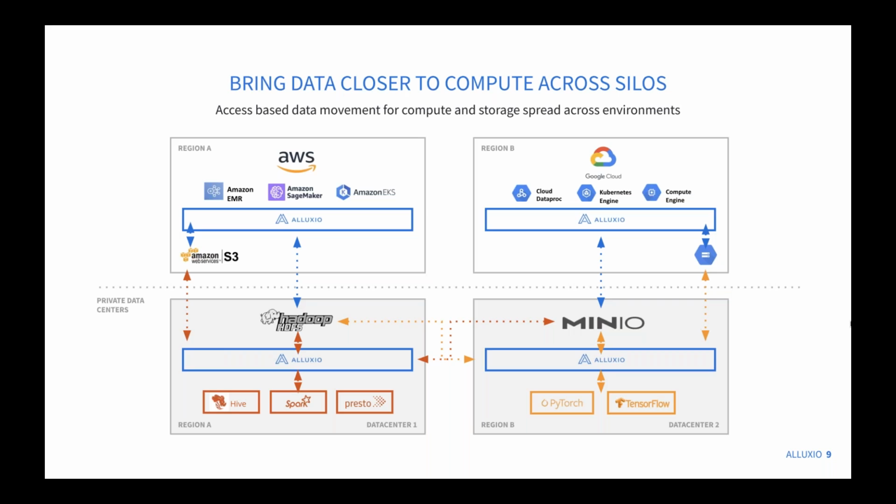Now, an eventual picture with Alluxio looks something similar to this, in which you have an instance of Alluxio close to every cluster, or on every cluster, which needs access to the data. Data could be either in the same region or it could be spanning across a hybrid cloud, as you can see in the left-hand side of this picture. If you look at the instance of Alluxio on the top, it's providing access to data in Amazon S3, but also to data which resides in HDFS at the same time.